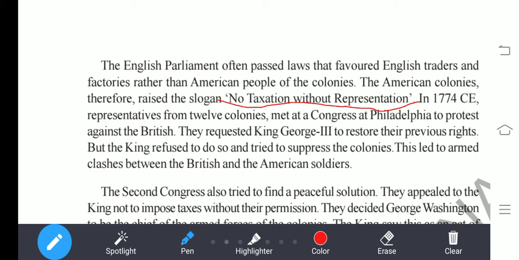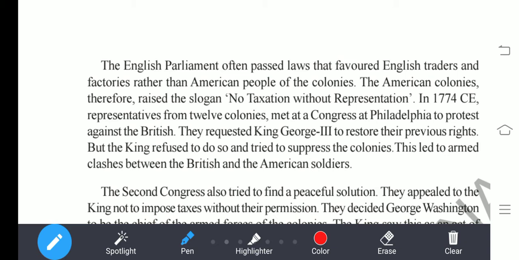It means that American people did not have any representation belonging to them in British Parliament, right? But British Parliament enforced the laws on 13 colonies in America, right?